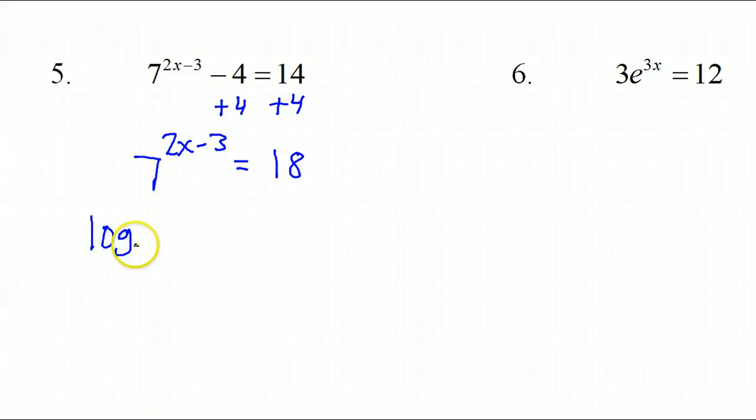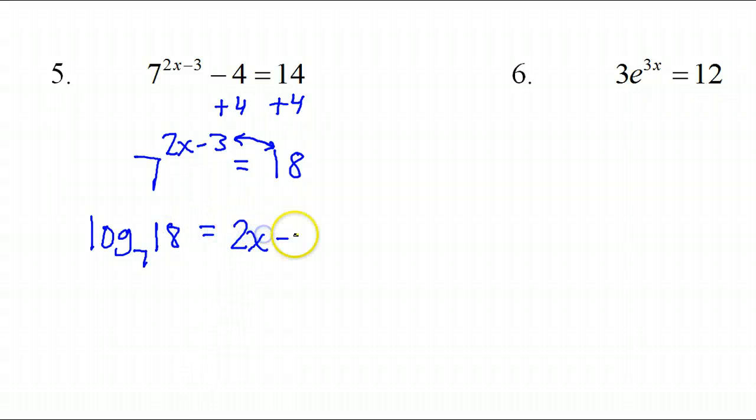So this is base 7, so log base 7. Okay, now these parts will change sides, so the 18 will be here and the 2x minus 3 will be there.